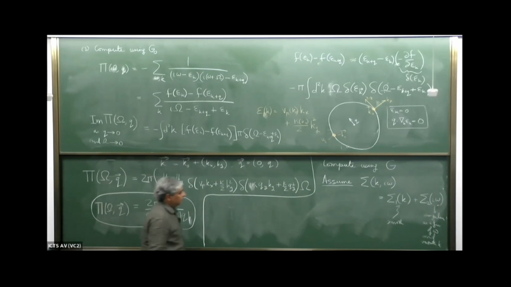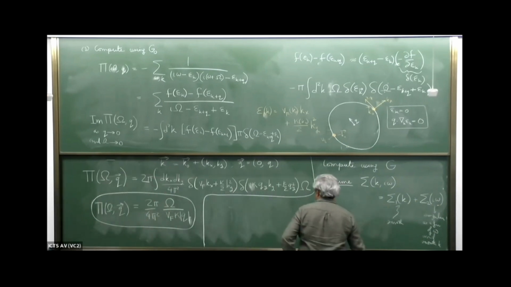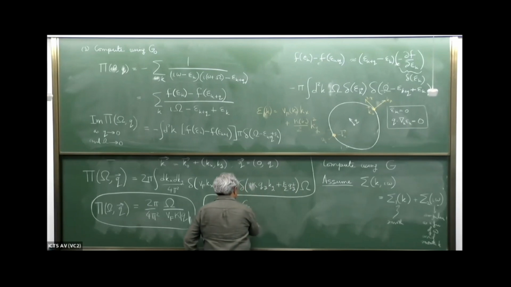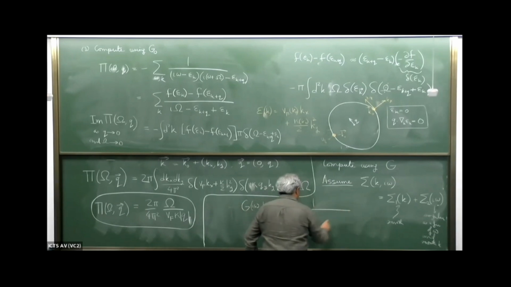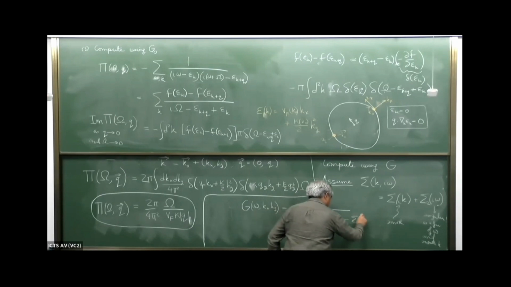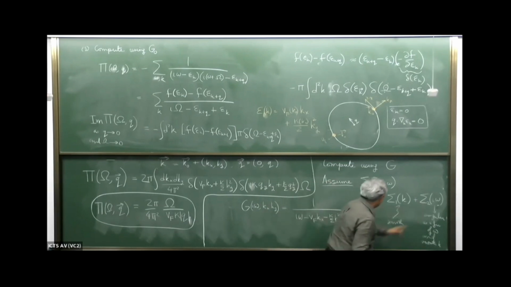Okay, so with this assumption, my Green's function, I'm just going to write near K naught. So G as a function of omega, and now I'm near K naught, so Kx, Ky. I'm going to write it as i omega minus VF Kx minus kappa over 2 Ky squared minus sigma of i omega, which is just the sigma 2, and I'm dropping the 2.